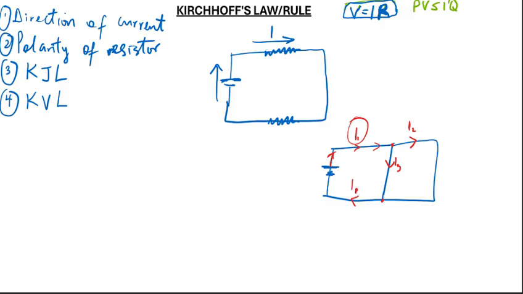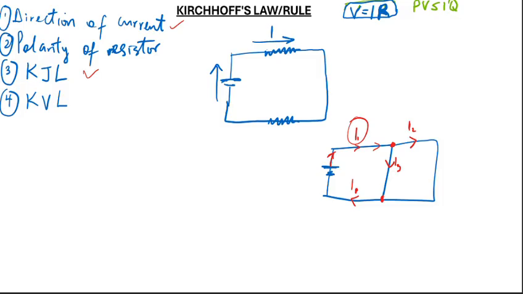That's why if you are taking the direction of current, or you are using KVL, you can take either of the two loops and you are still going to be correct. Just note where the current is moving. That's the direction of current that we are talking about. So the direction of current is from positive to negative, and note that very well. When it gets to a junction, it divides into two parts which move like this.